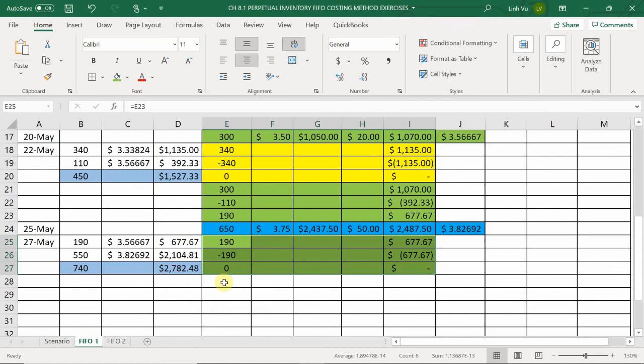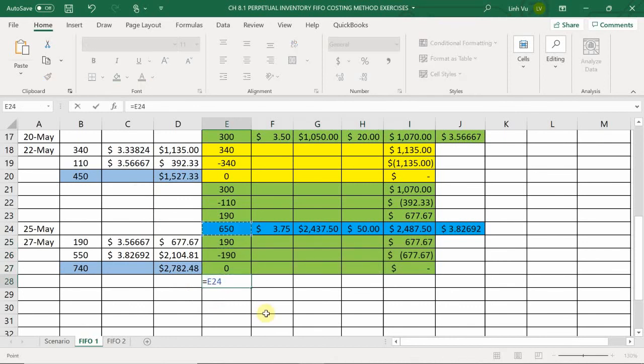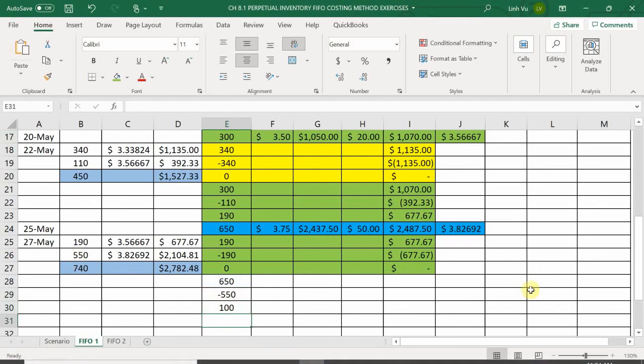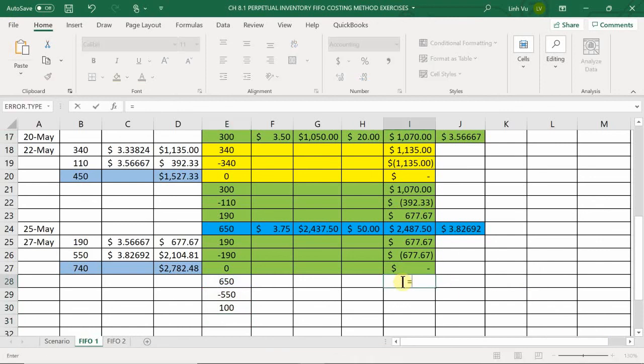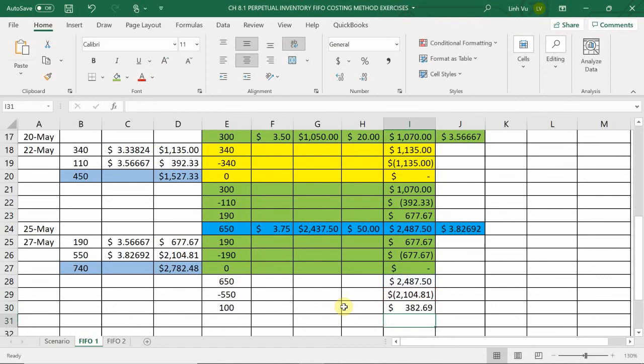Okay, and then we need to subtract from the blue batch minus 550, which leaves us a total of 100 units left. Okay. So this one, you can obviously use the calculations in the middle here to just double confirm that when you are calculating this, everything is correct. Okay. Right?